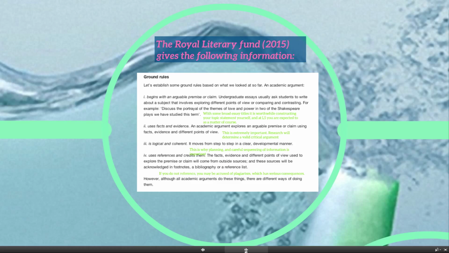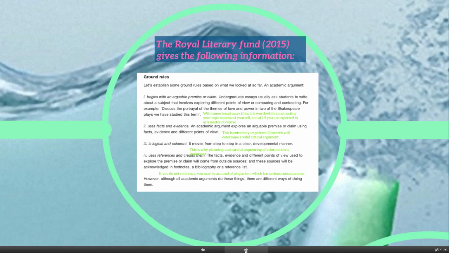For your second assignment in Pick 1.2, you'll be asked to write an essay, and you'll find that the subject you're given to write about does involve exploring different points of view or comparing or contrasting. It's also worthwhile bearing in mind here that when you move up to Pick 2 at level 5, you'll be given a broader essay title, and you'll have to construct your topic statement, construct your thesis yourself.